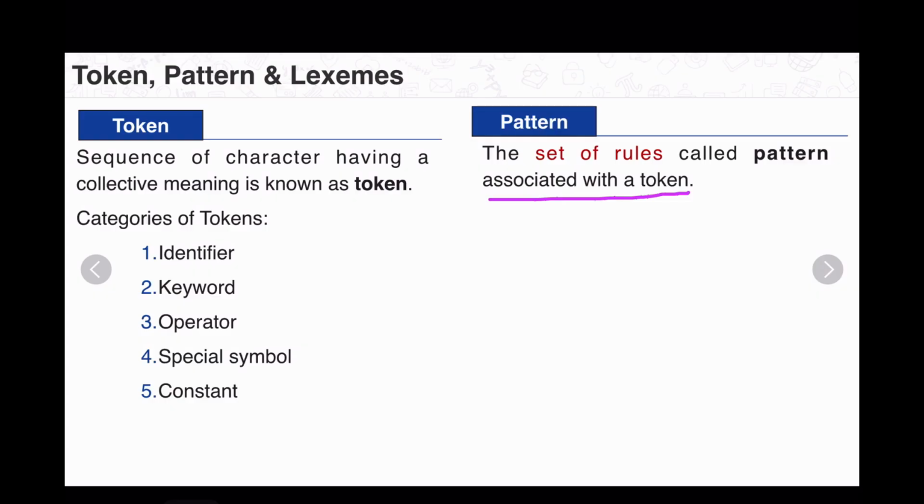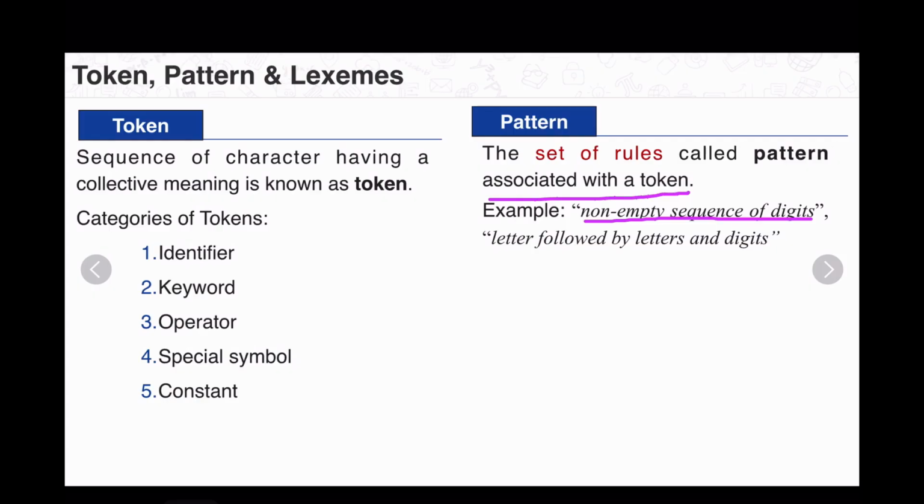Then the example is like this. There are two examples I have taken. Any number you want to identify should not be empty: a non-empty sequence of digits is called a number, and a number is a token. And letter followed by letters and digits, it might be 1 and 2.